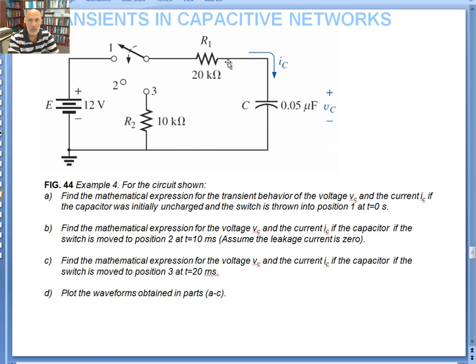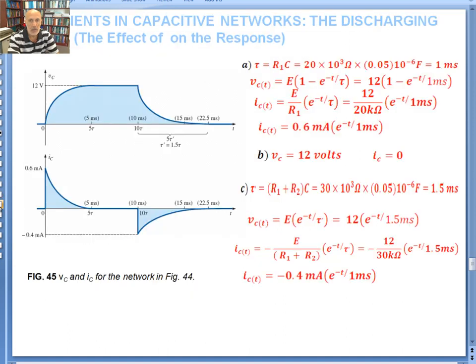The current is going to change direction. It's going to discharge through 20K plus 10K. So the time constant would be different. We're going to call that tau prime, R1 plus R2 times C. That's 20 plus 10 is 30K times 0.05. So it gives you 1.5 milliseconds compared to 1 millisecond. So the discharging would be 50% longer compared to the charging.